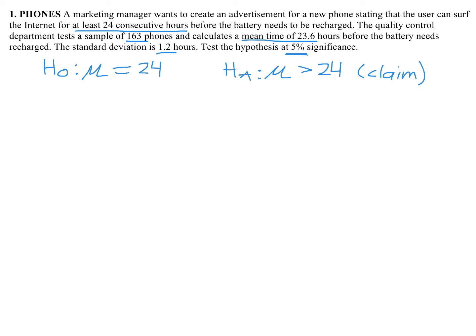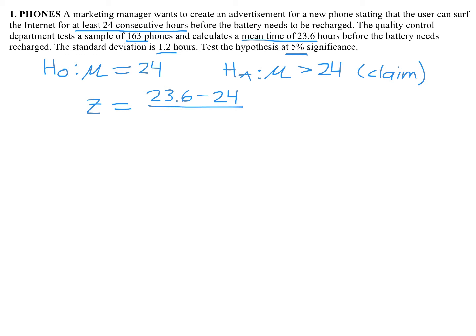The next thing we need to do is calculate the test statistic, in this case z. All right, so the formula for z is x bar minus the mu from your hypothesis.